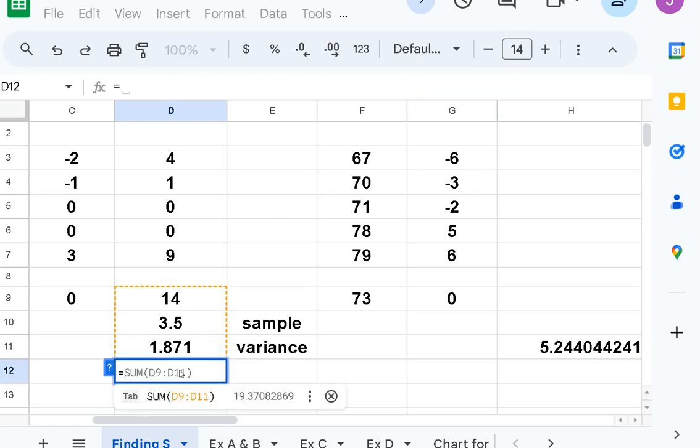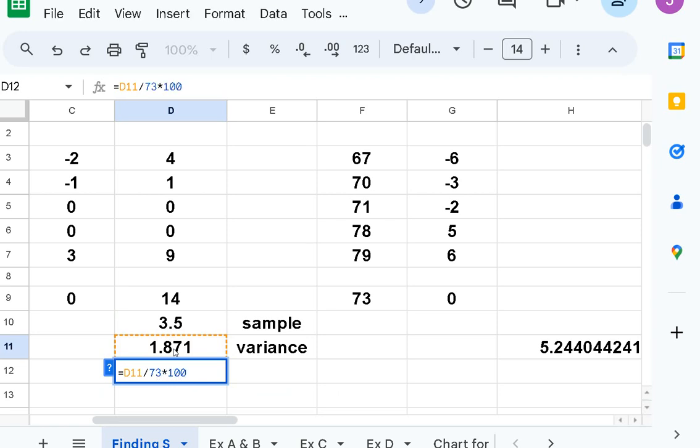So equals, let's click the standard deviation divided by the mean. The mean in this case was 73, and then times 100. So in this case, the standard deviation is about 2.5, a little bit more than 2.5% of the mean.